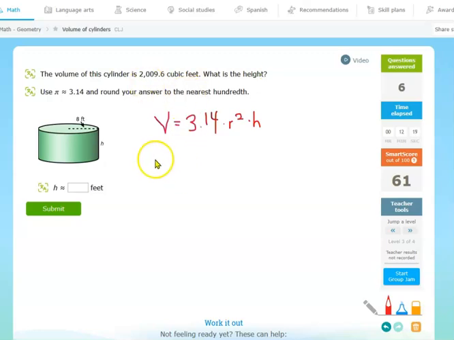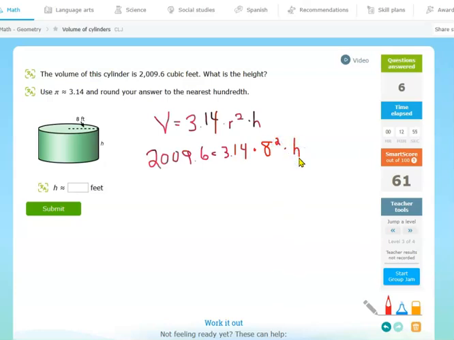Okay, so we know the volume, so let's plug that in for V. 2009.6 equals, copying from above, 3.14 times the radius squared. They're not giving us the radius in the problem, but they give it to us in the picture. Remember, the radius is the distance from the center out to the edge. So 3.14 times the radius squared, 8 squared, times h. H is what we're going to solve for.